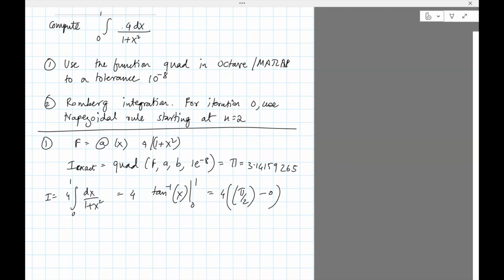Yeah, it is tan inverse x. So why don't the answers match? Oh, it is pi divided by 4. My bad. Tan inverse of 1 is pi by 4. Okay, that's right.